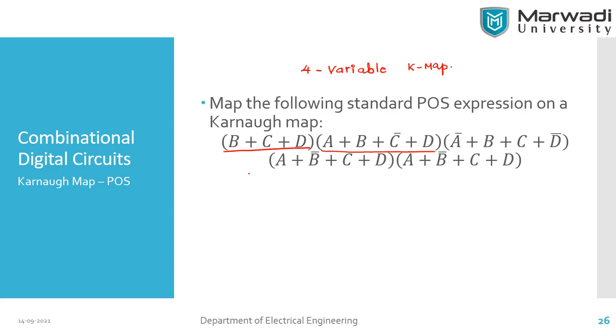But as I said, each expression must be converted first into the standard POS expression, right? So for example, B plus C plus D, if it is given like this, then you should consider A and A bar both. That means it will be A plus B plus C plus D, and then you have A bar plus B plus C plus D.